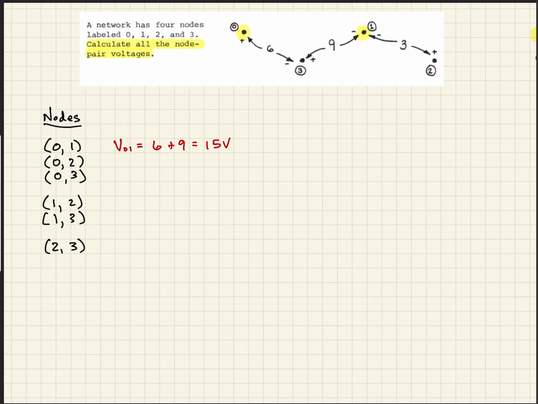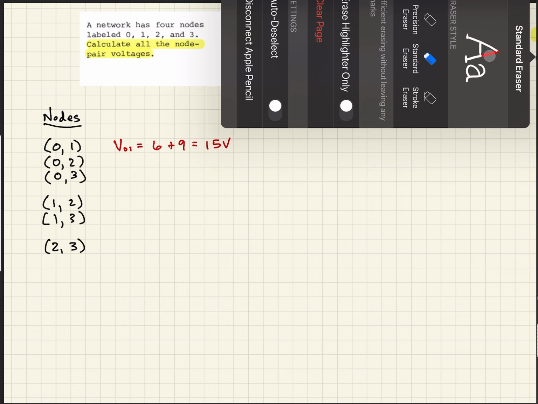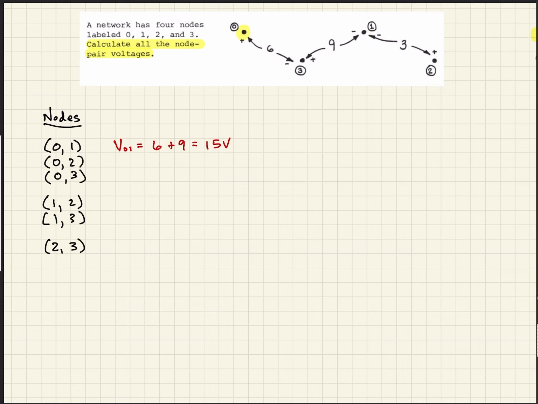So now we can look at the next one. So we'll say from 0 to 2. So in that case, we're going from this node to this node. So when we do that, we have V02. So again, we go from here to here. That's a positive 6. From here to here, that's a positive 9. And then from here to here, we hit the negative first this time. So that's a minus 3.